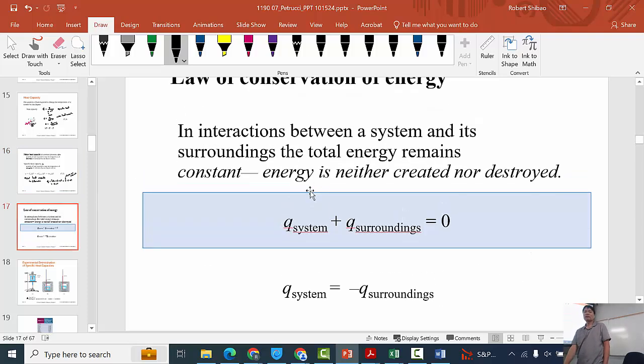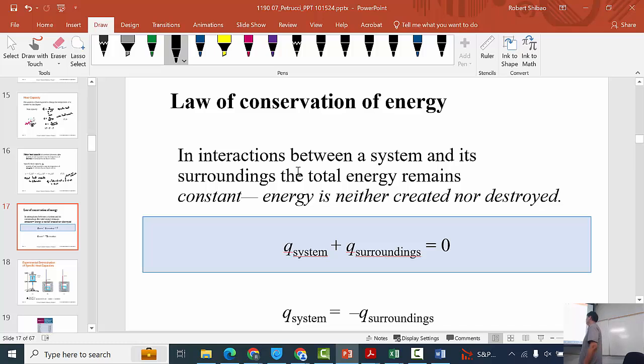This is the first law of thermodynamics. And so we're going to start doing some calculations based on this. We want to calculate the amount of heat that's transferred between the system and the surroundings, or the energy. And so here, we have to know that the total energy is constant.